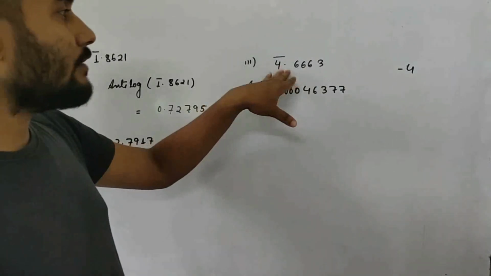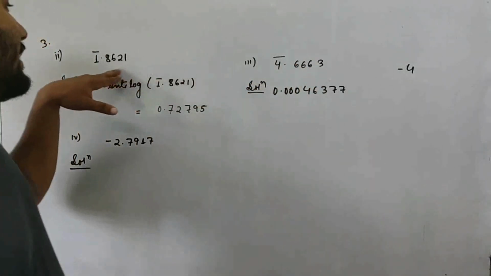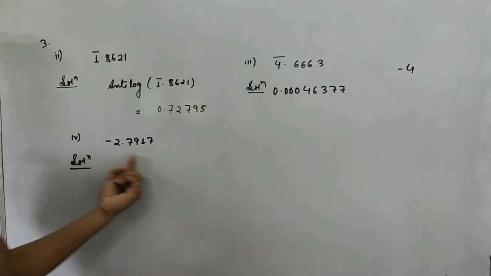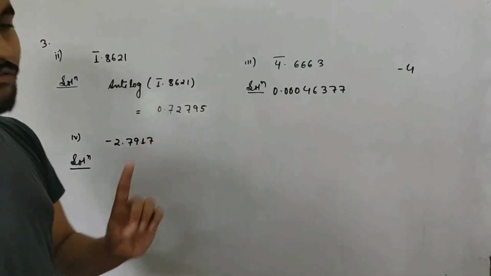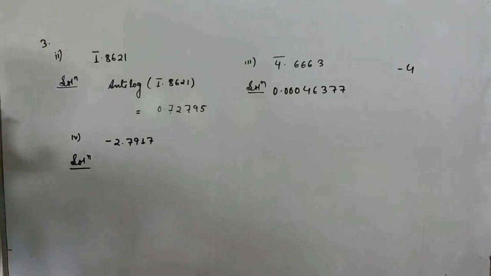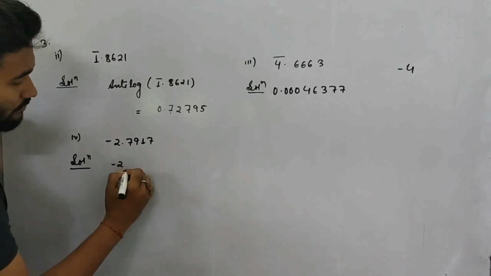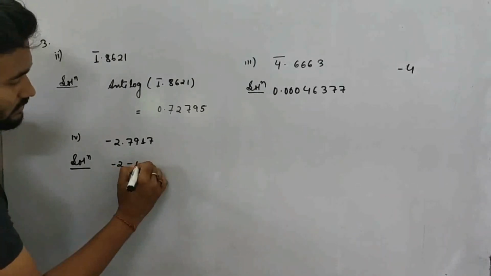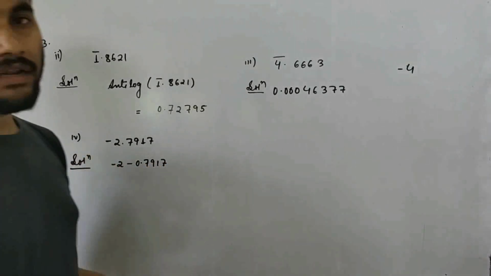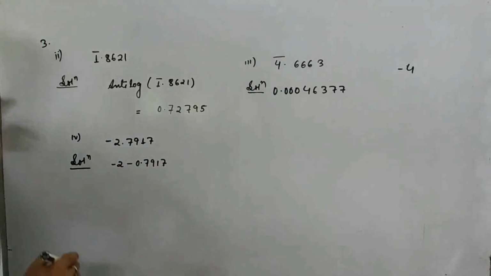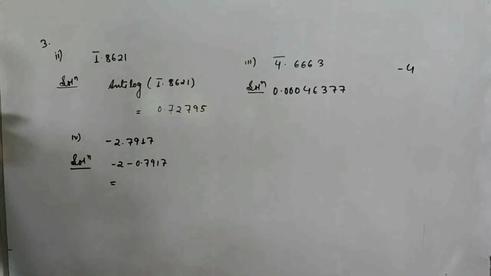If you write in this way, it means your mantissa is positive, but since it is written as minus 2.7917, here the mantissa is negative. So at first you have to make your mantissa positive, okay? So which is equal to minus 2 minus 0.7917. So this is actually, the mantissa is negative. So I will make the mantissa positive, which is equal to, how can I express minus 2?